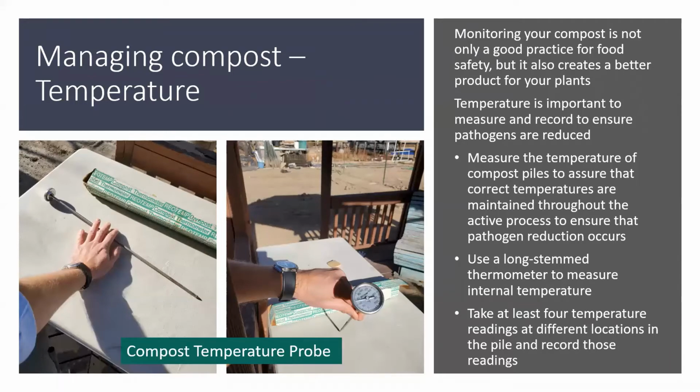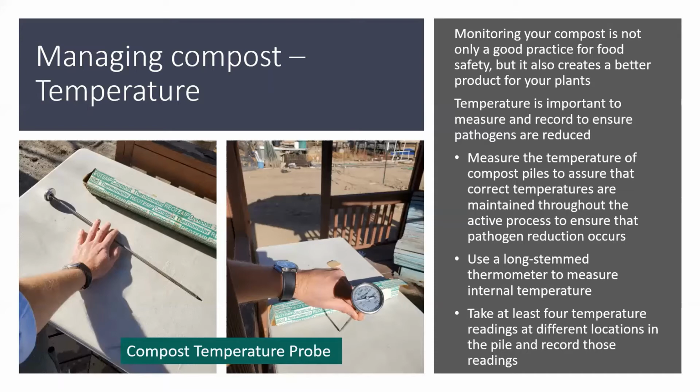So monitor your compost pile. Those parameters of temperature, turnings, and time will ensure that you're reducing the possibility of human pathogens, but also creating an environment that's reducing the likelihood of plant pathogens and weed seed viability. Temperature is going to be the most important aspect of those parameters, and then timing and turning are those parameters that help temperature do the work of reducing the pathogens.